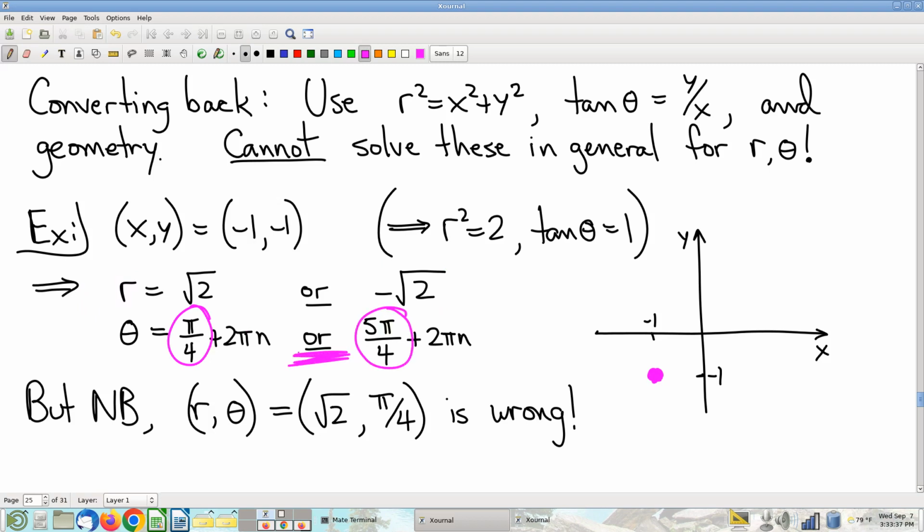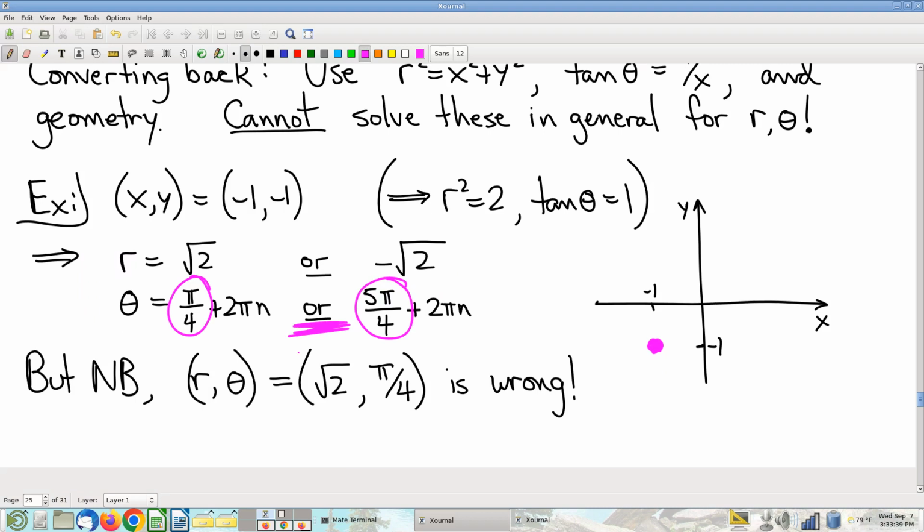Why am I humming and hawing on this? Well, of course, you can always add any multiple of 2 pi, and it still goes in the same direction. So yes, technically theta could be a lot of different values. True, but it's always true, and so it's not that interesting to talk about. So for the moment, let me just focus on the pi over 4 and the 5 pi over 4.